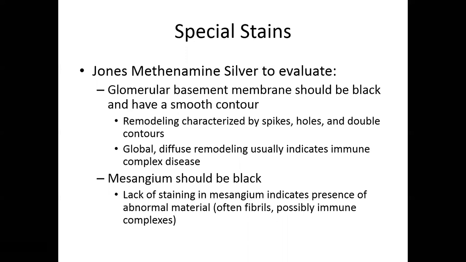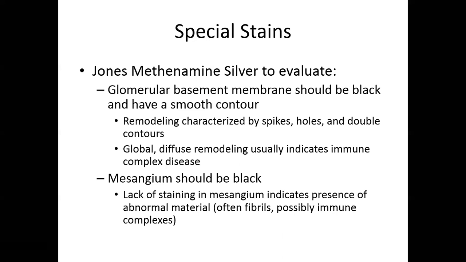If you just see one glomerulus with remodeling, then don't make your entire diagnosis on one glomerulus. But if most of the glomeruli are remodeled, then you need to tell the veterinarian that it's probably going to be immune complex disease. EM would verify that, or IF could verify that. But in general, they need to know that this animal probably, if it's a living patient, needs to be immunosuppressed.